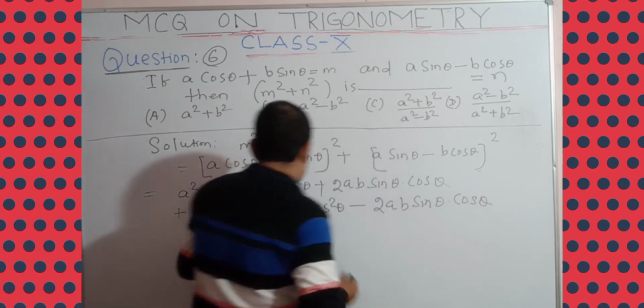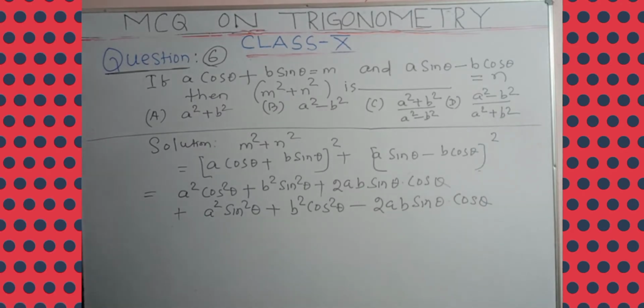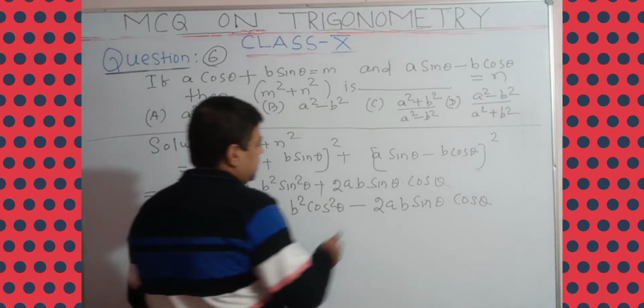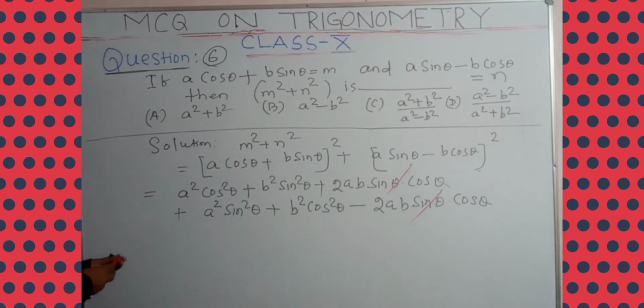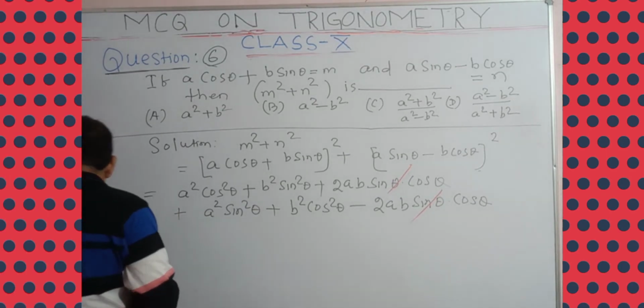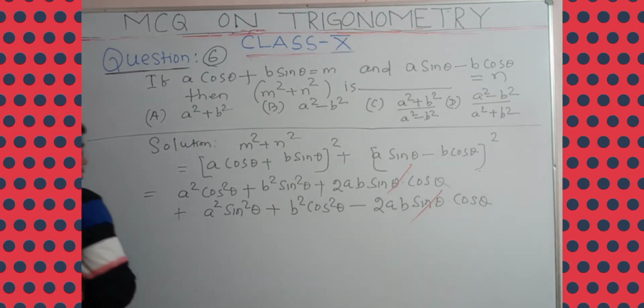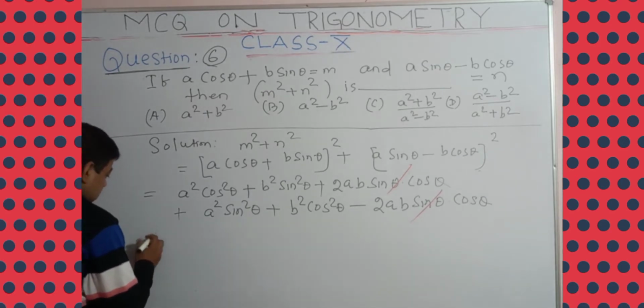Okay, understand? Is it clear? So it will be plus 2ab sin theta cos theta and minus 2ab sin theta cos theta, which can be cancelled. Yes or no? Can you cancel? Yes. So here you see, let us arrange.